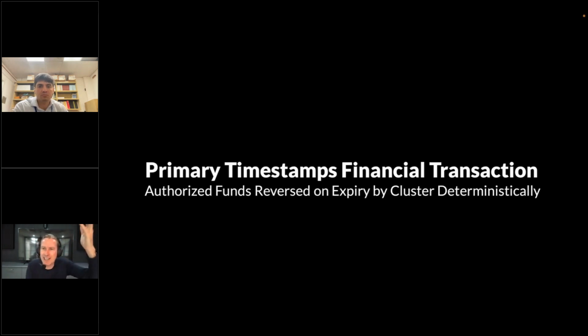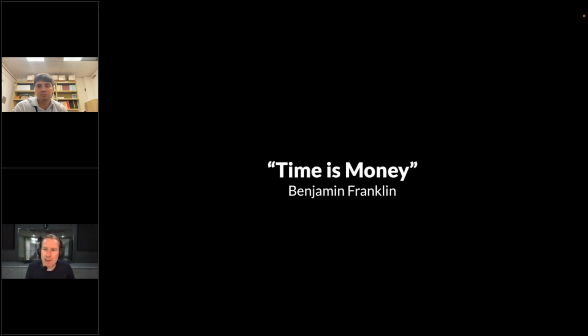Money must be expired after n seconds. And this is how you do it. The primary will timestamp the financial transaction, and then the cluster can expire that deterministically. And like Uncle Ben said, time is money. So if the primary's clock is wrong, people's money is going to be locked up.